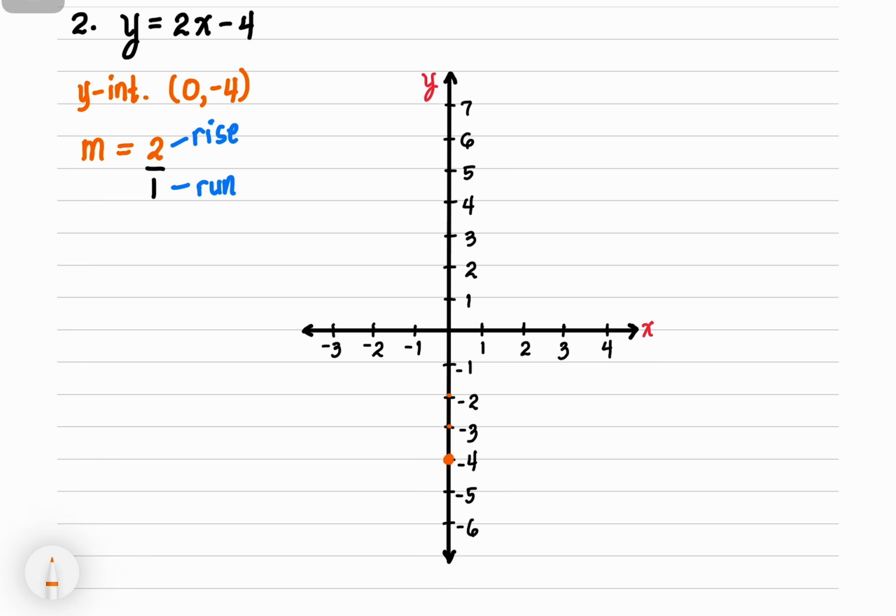Ayan. Sabi ko nga kanina, si slope ang makakapag-determine or makapagsabi if we are going to the right or to the left, no? Okay, since that is positive, going to the right. So, 1 unit only. So, nandito yun. 1. Ayan. Kasi nga, kapag whole number lang siya, over 1 yun palagi.